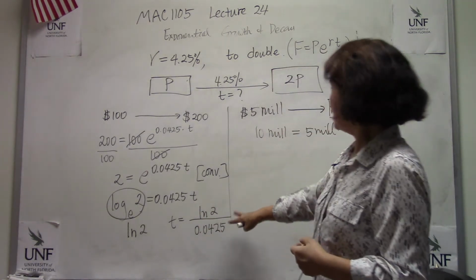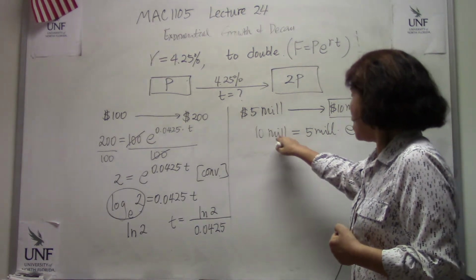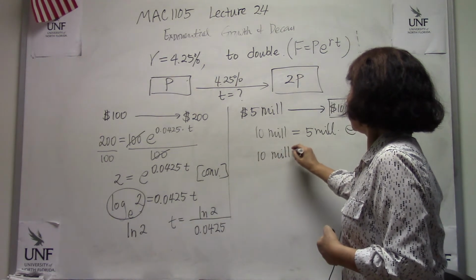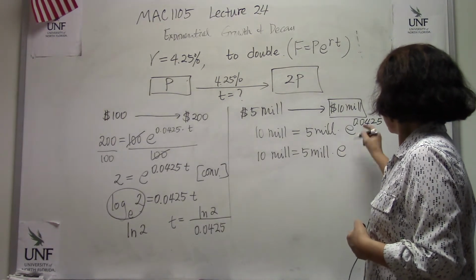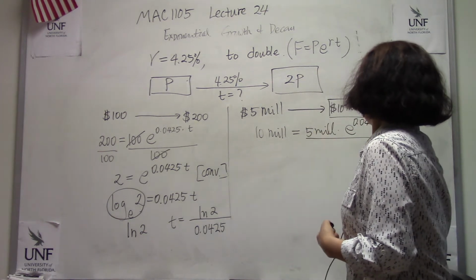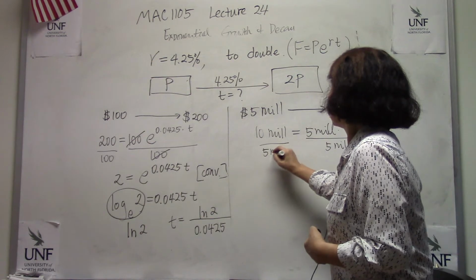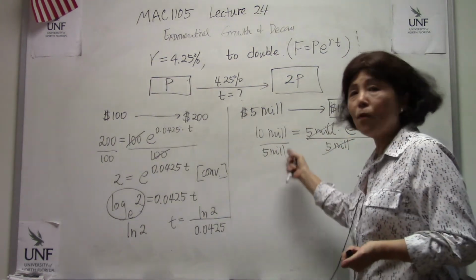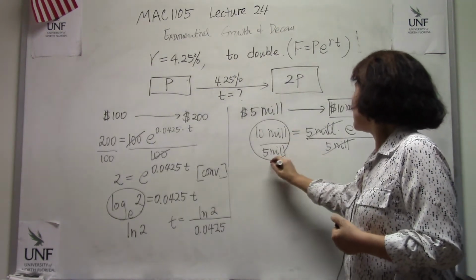Okay. Just leave it alone and let's go over here. What happens? Well, we are going to set up an equation like this. So 10 million equals 5 million times e to the, over here, I already said that. Now what do we do? We divide both sides by 5 million. So this cancels. Guess what? What's left on the left? 10 million divided by 5 million, therefore this is 2.